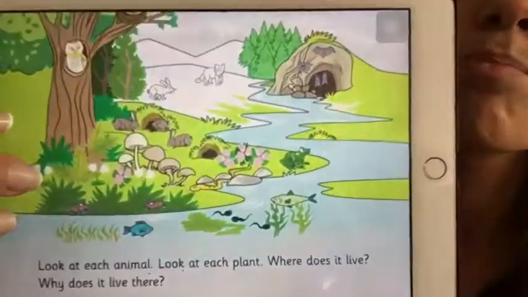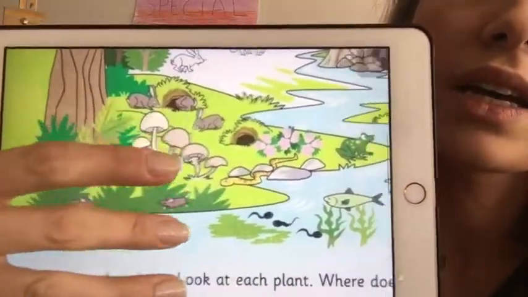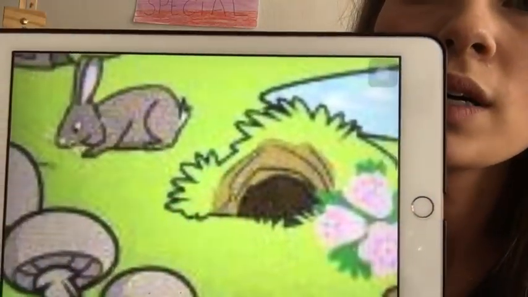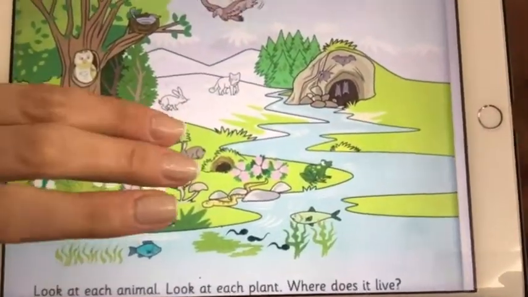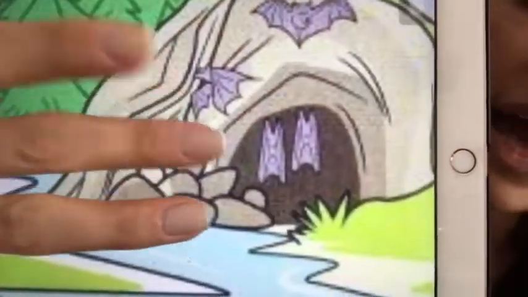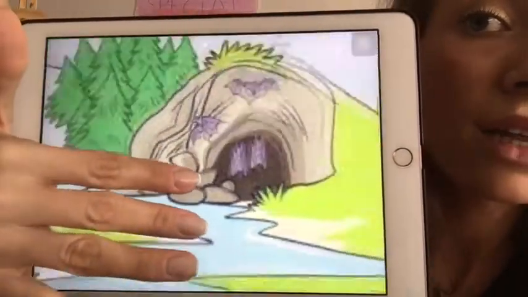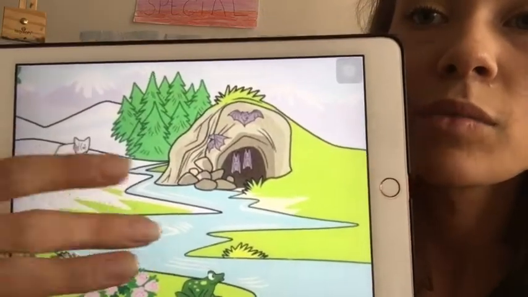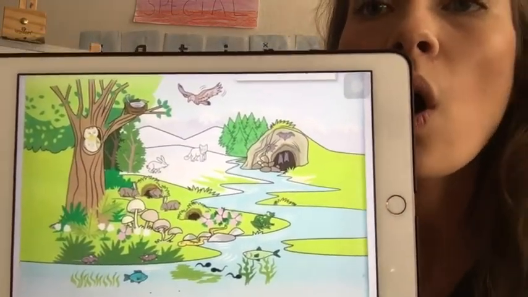For example, it's impossible for the fish to live at this hole, or in this cave. The same for the bat. The bat can't live, of course, in a river or in a lake, because all of them have their own home.